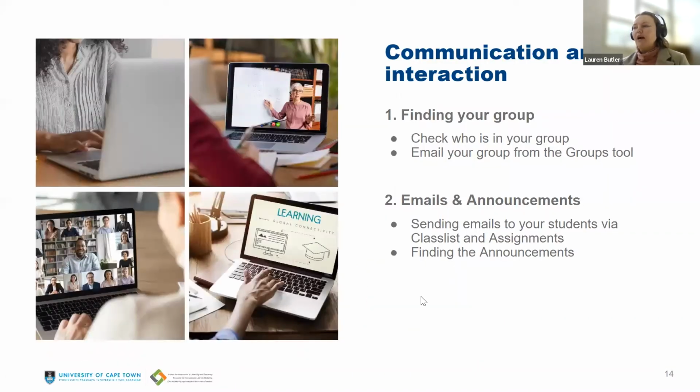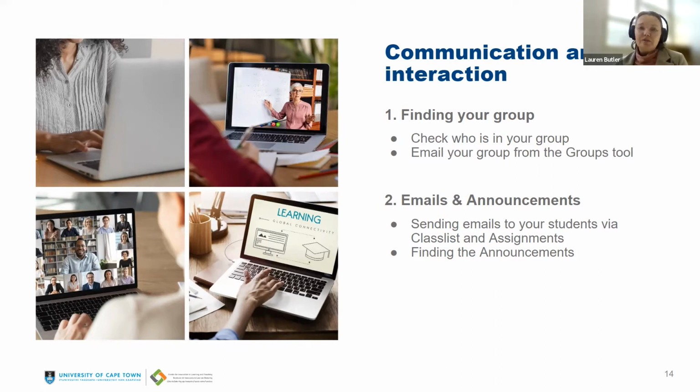First up, I will go through the groups tool and where to find it, how to see who's in your group, and then also sending an email to your group from the groups tool. Then I'll go into two other ways to send emails, as well as looking at the announcements tool.